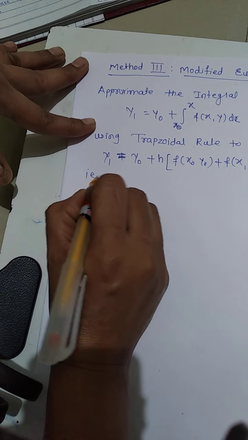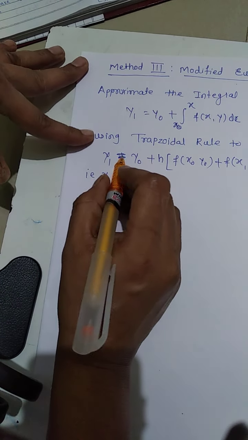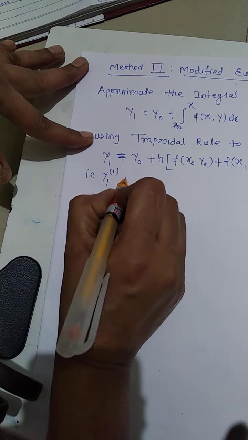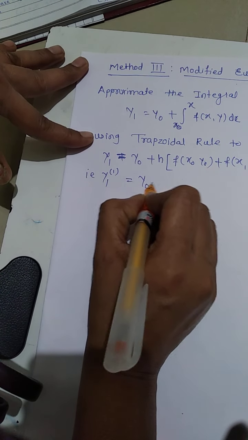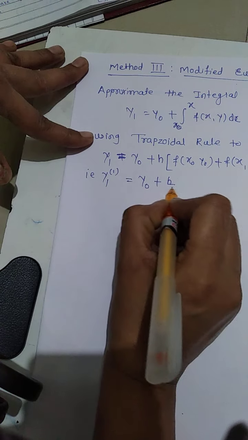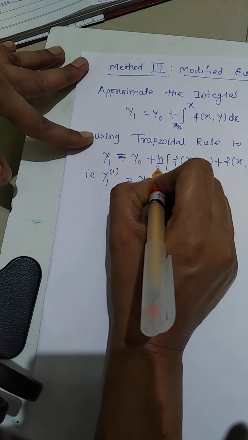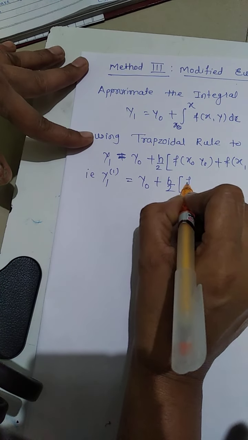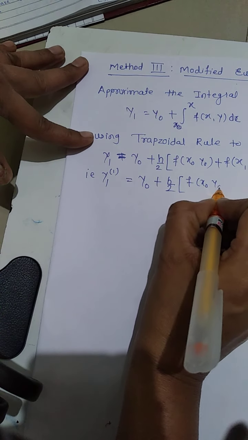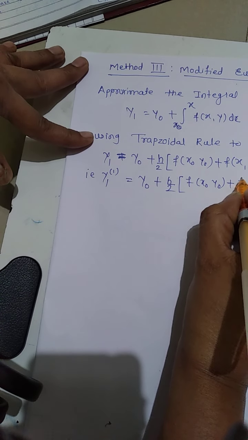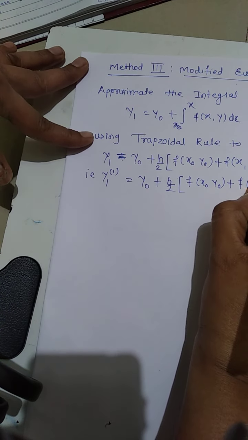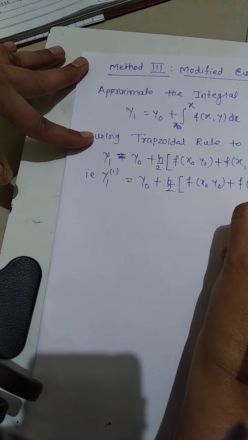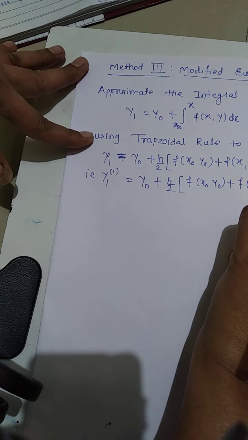That is, y1 of 1 is equal to y0 plus h by 2 into f of x0, y0 plus f of x1, y1 of 0.